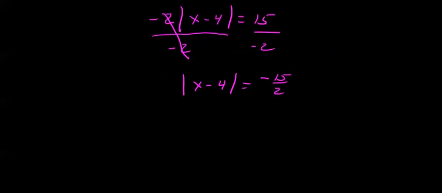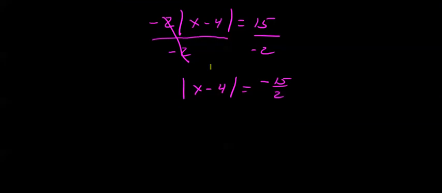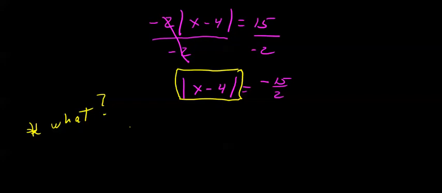Now, remember, the absolute value, this guy right here, is isolated. So I want to make 2 equations, except, what's going on here? Absolute value, which is often abbreviated ABS, is always positive.